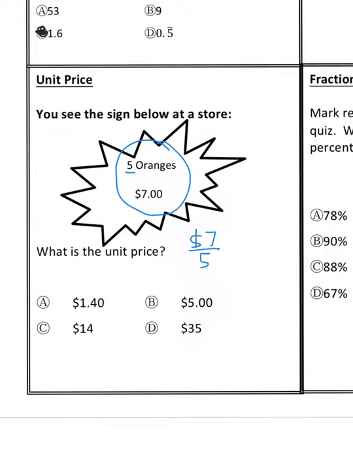To figure out the cost of 1 orange, I divide 5 by itself, and that will get me the 1 I need. But I have to divide 7 by 5 as well. 7 divided by 5 is 1.4. Since that has to be money, that's $1.40. So 1 orange is $1.40. That is the unit price.